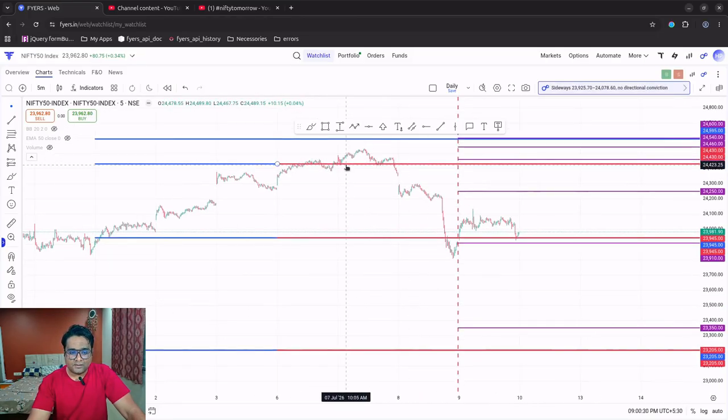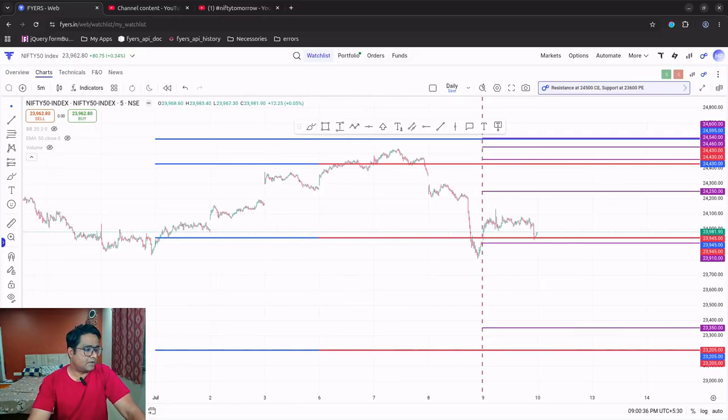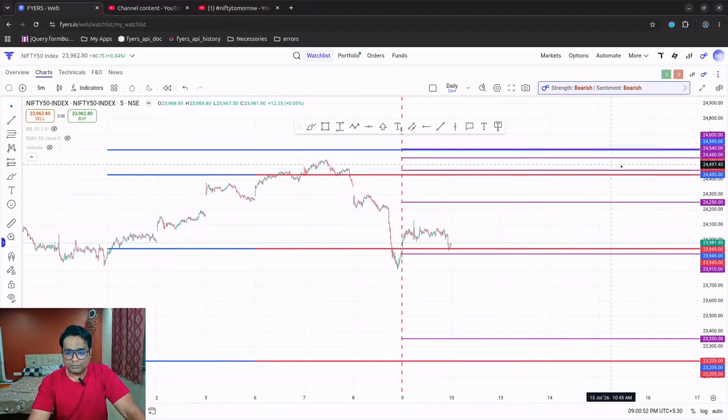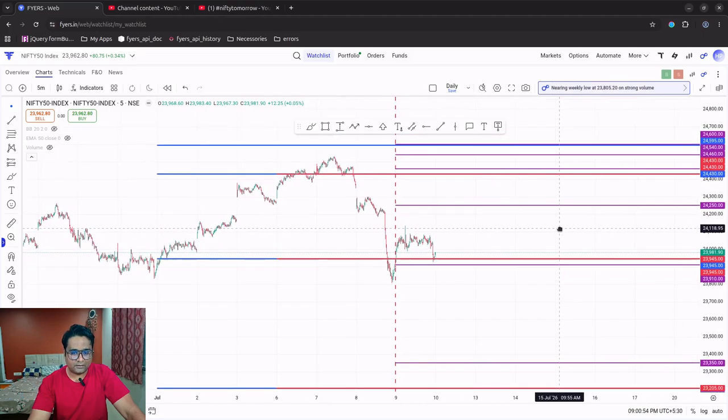These red key levels are weekly key levels for this week, starting from 6th of July. If you go to my weekly key level series, you will find these key levels given for the Nifty in the latest video. And these purple key levels are the daily key levels.